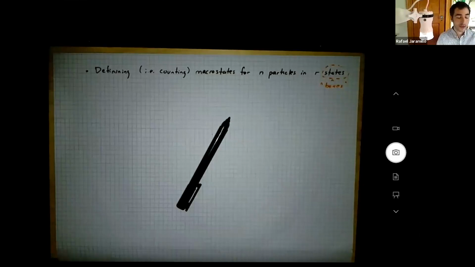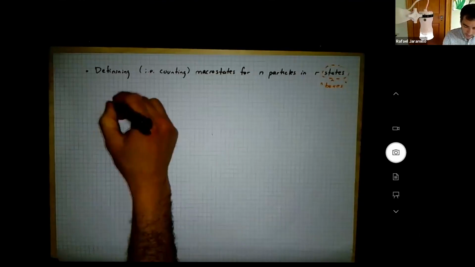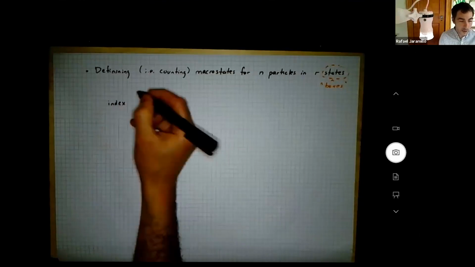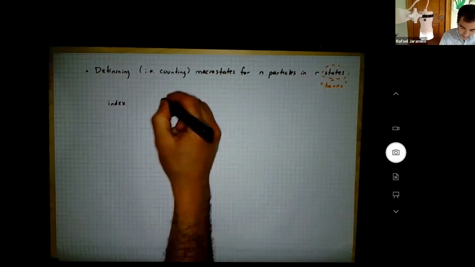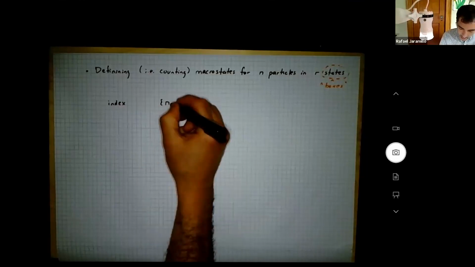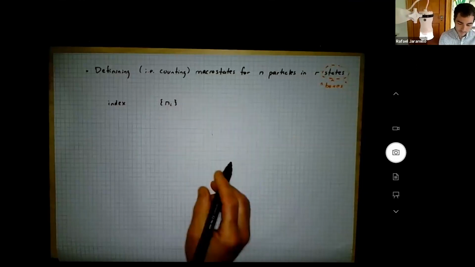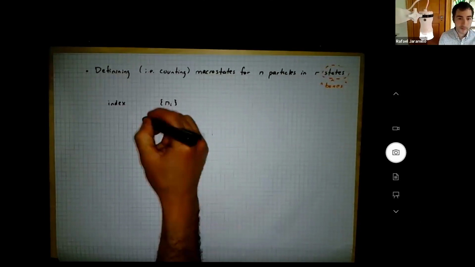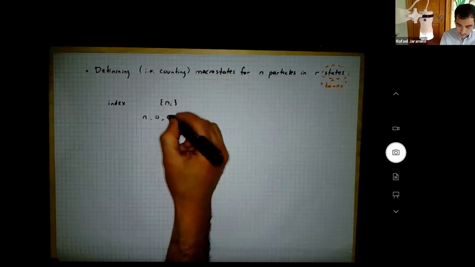All right, so I'm going to do some more counting. I'm going to index these things just so we have an ordinal. And I'm going to write sets of occupation numbers. These are going to define the macrostates. Let's start with all the particles in the first box. So n followed by a bunch of zeros.